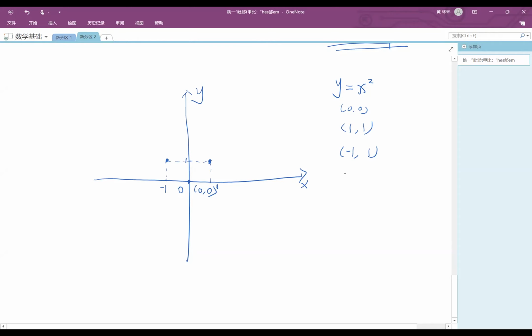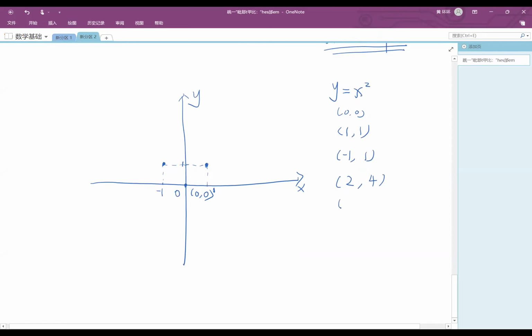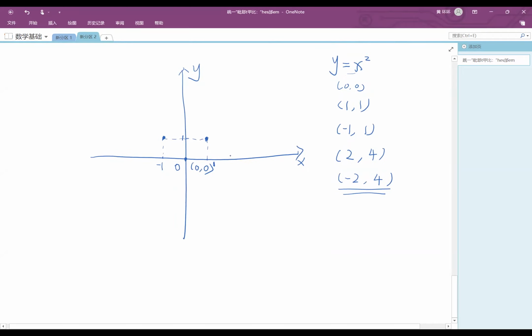So let's see the following: the point 2, 4 will satisfy this equation, right? And let's see the point negative 2, 4 will also satisfy this equation, right? This point is negative 2 and this is 4.